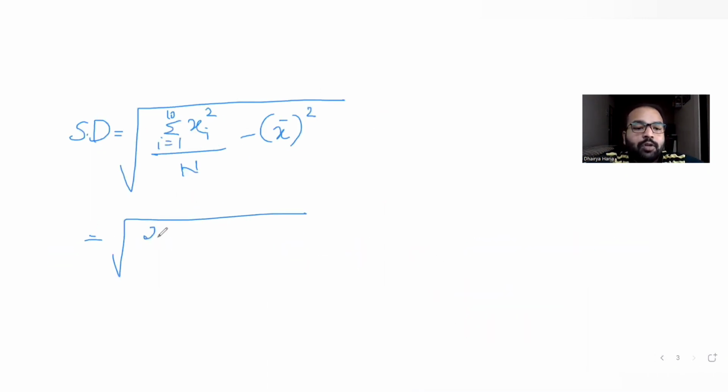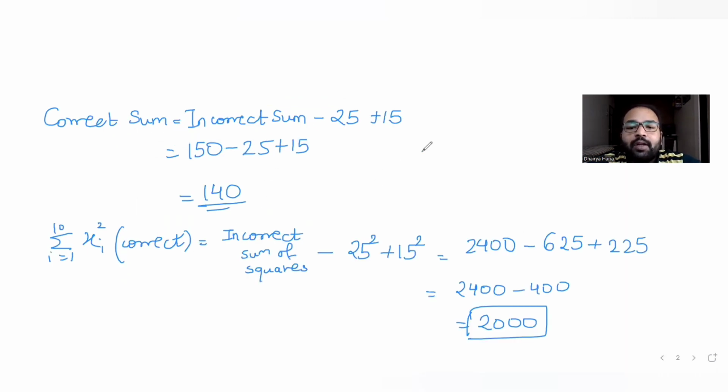So 2000 upon n, the number of observations, that is 10, minus x bar square. The correct mean x bar is the correct sum 140 upon the total observations 10, so the correct mean becomes 14.